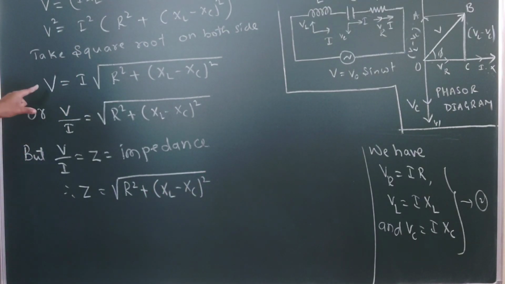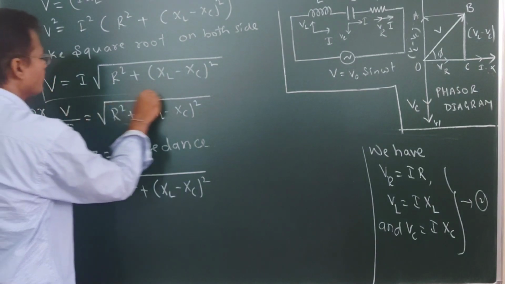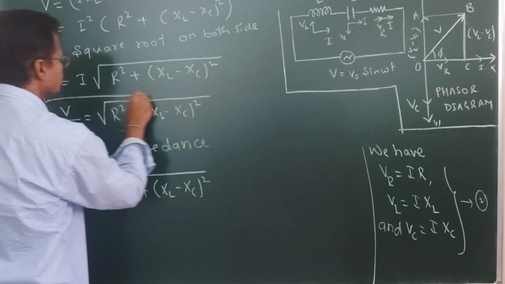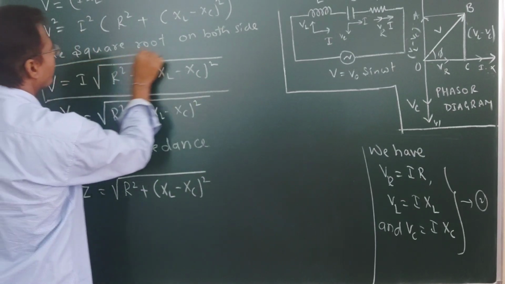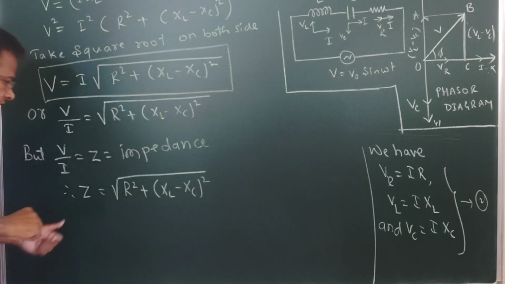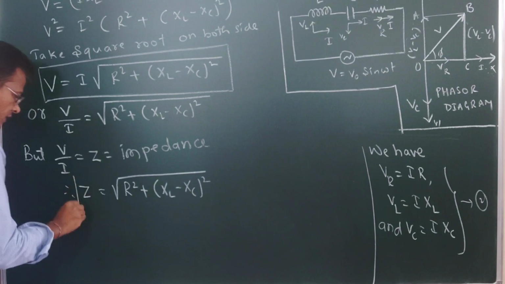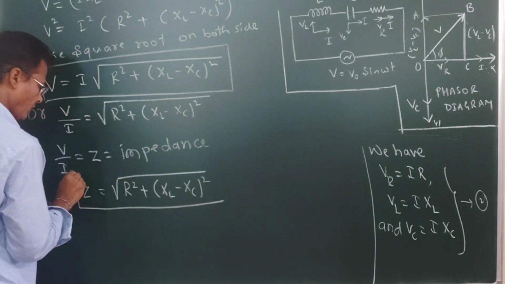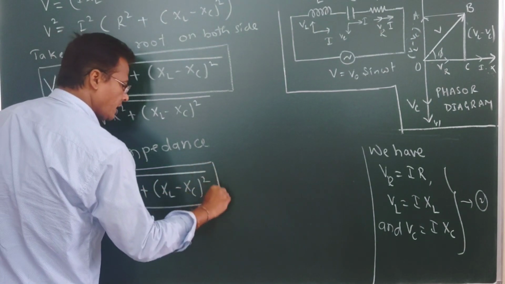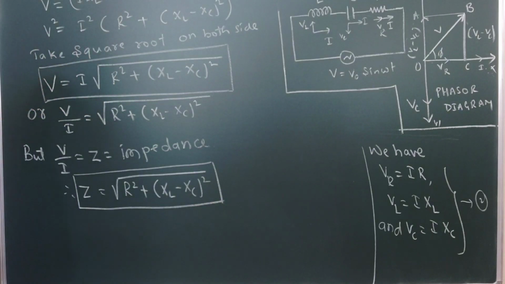So we have already got the resultant potential, and then the equation Z equals the square root of R square plus XL minus XC whole square.